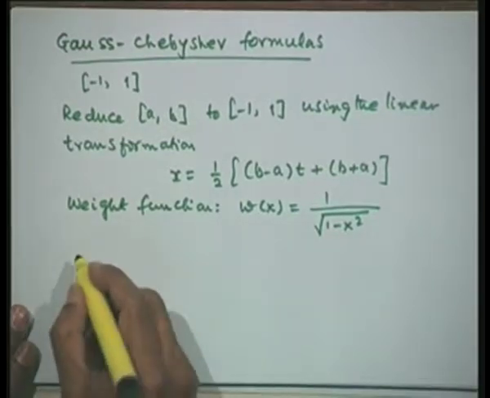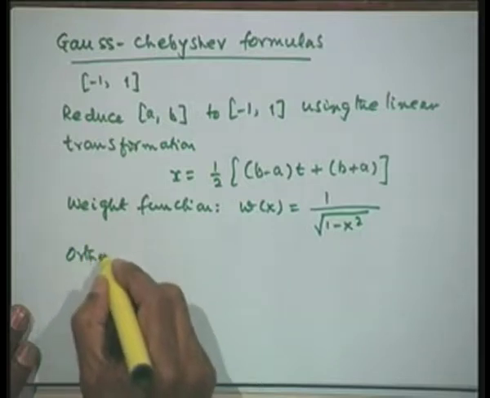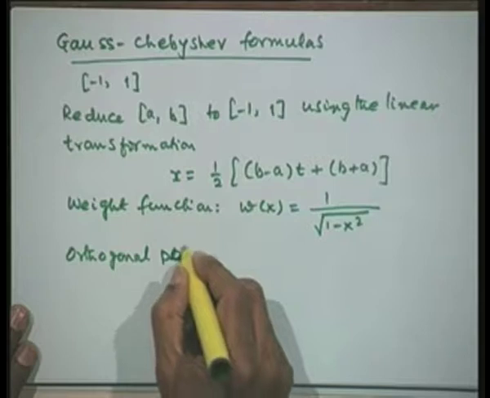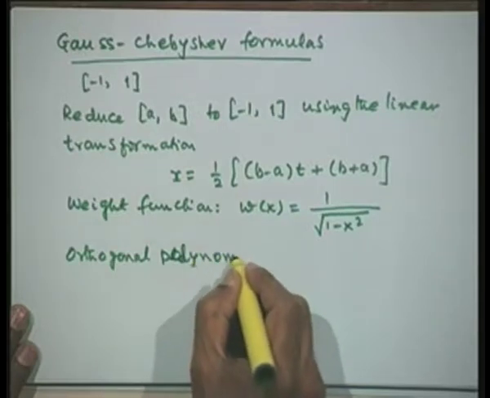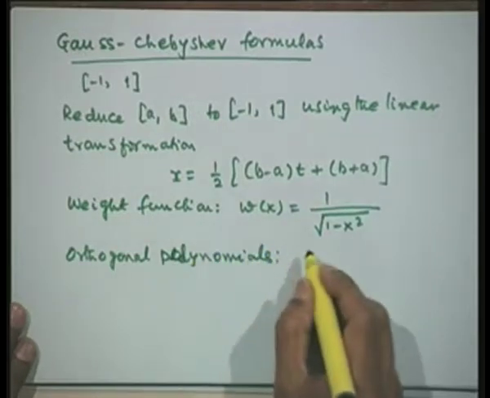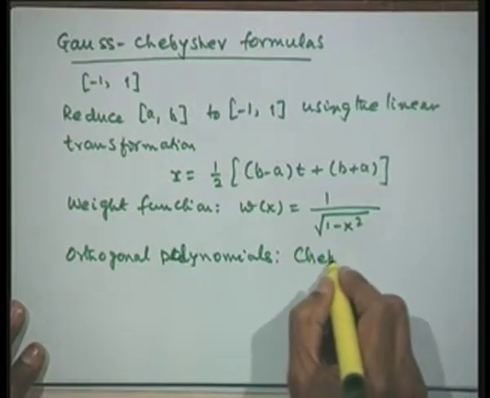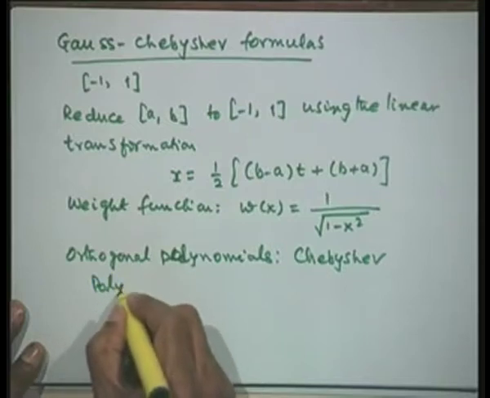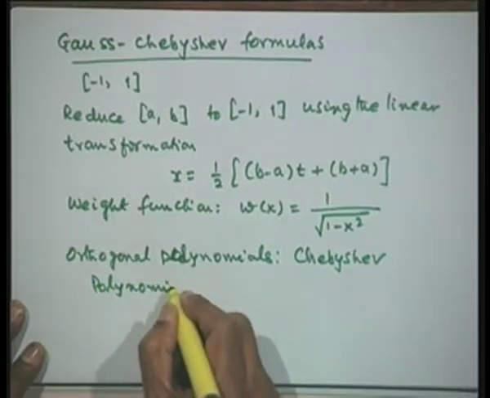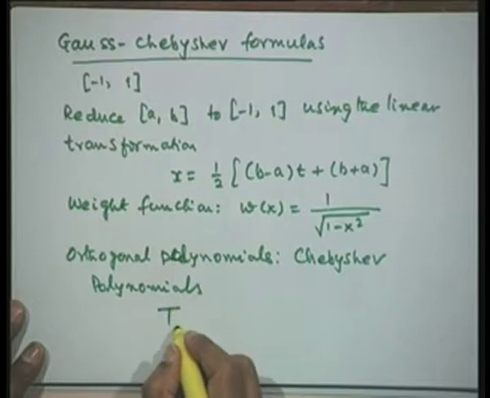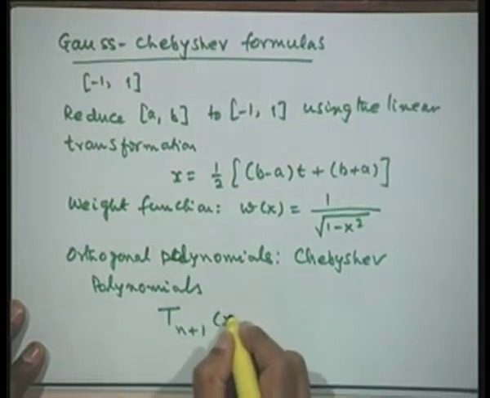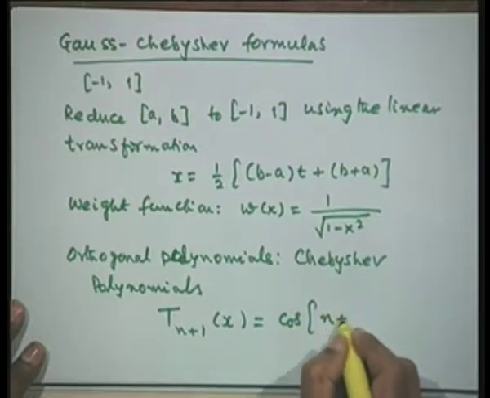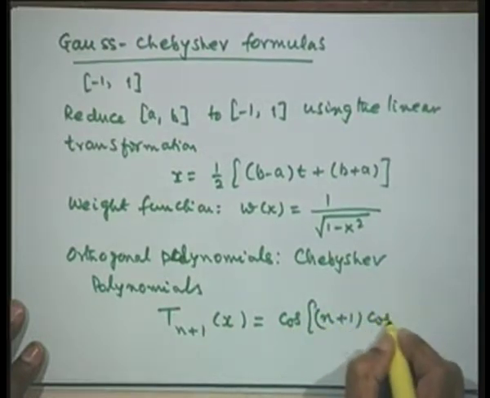The corresponding orthogonal polynomials are the Chebyshev polynomials T n plus 1 of x, which we have defined as cos of (n plus 1) cos inverse of x.